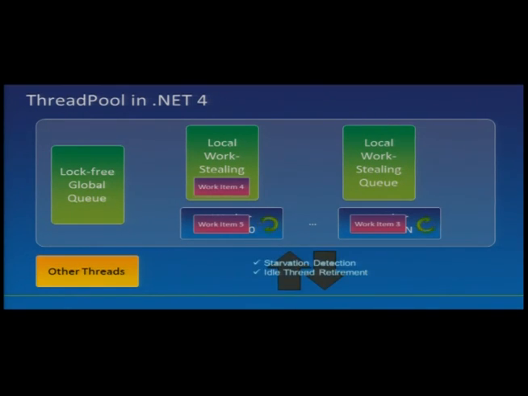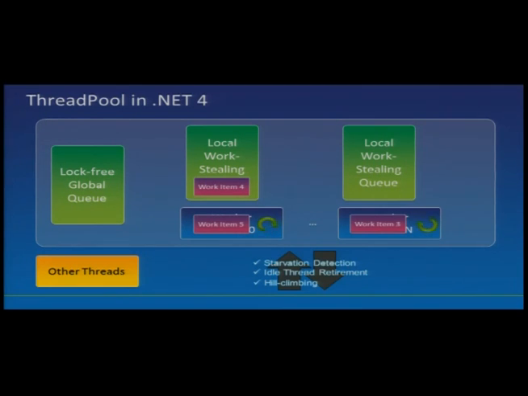And just like in .NET 3.5, the ThreadPool provides starvation detection and idle thread retirement, but it also has this nice hill climbing algorithm. So basically what the ThreadPool in .NET 4 does is it tries to optimize the number of threads to get the best possible throughput.